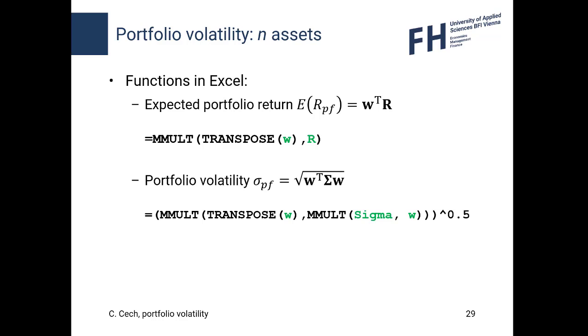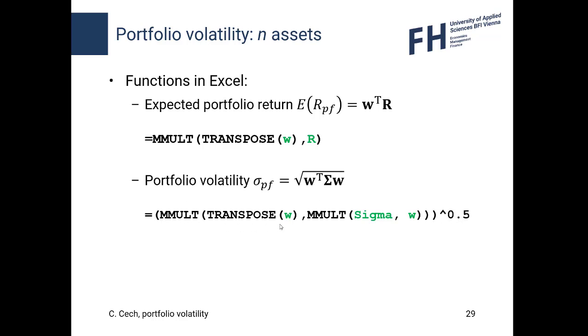Let's maybe start with the easiest thing, the square root. The square root I have defined here. I calculate the variance and then take it to the power of 0.5, respectively 1/2, which is the square root.